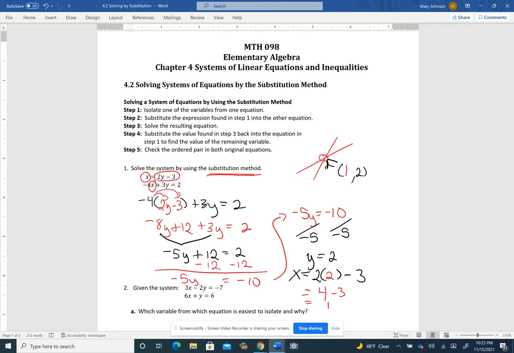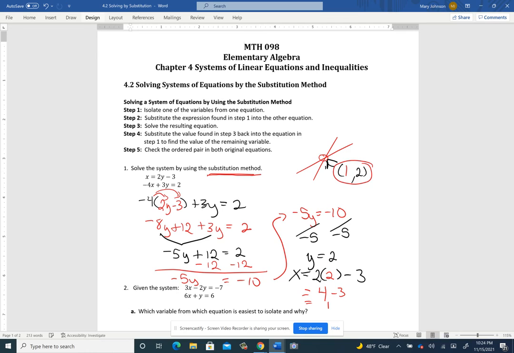Now, what I can do to check it is use the bottom equation. Let me get rid of these circles here so you can see it. We use the top equation to find the remaining value, so I can use the bottom equation to check it. Okay, so that would be negative 4x plus 6, and that sure enough would be 2, so I know that's right. So that's your answer.